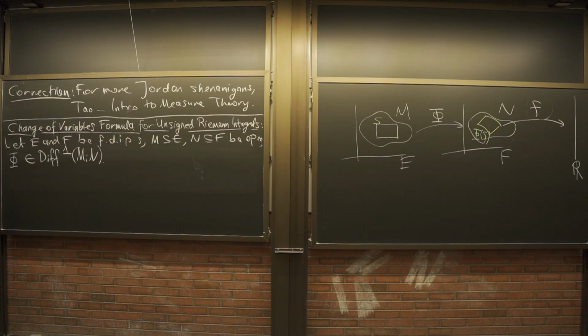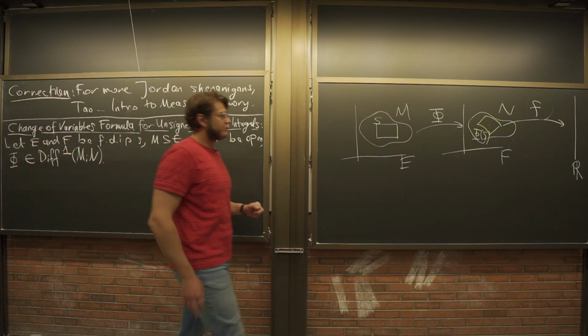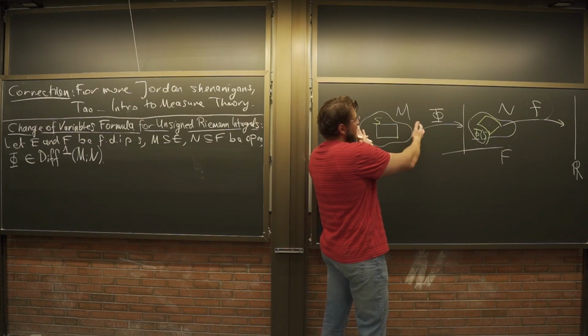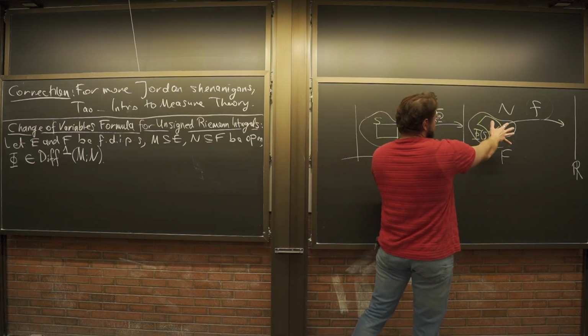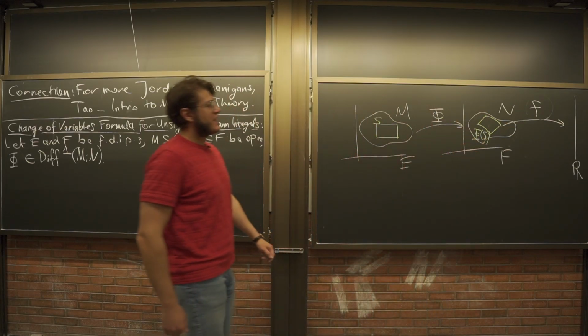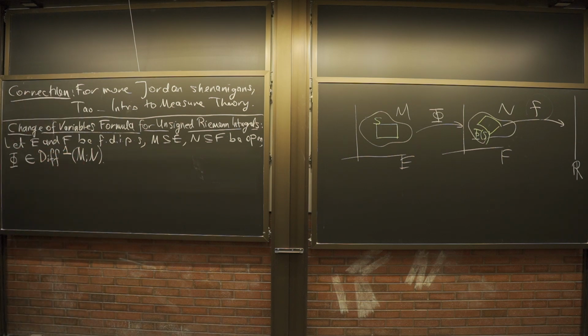What is a C1 diffeomorphism? It means, so in the forward direction, phi takes M into N in a continuously differentiable manner. At each point, you have phi prime of x, and phi prime of x depends continuously on x. But I want the backward direction to work as well, OK?